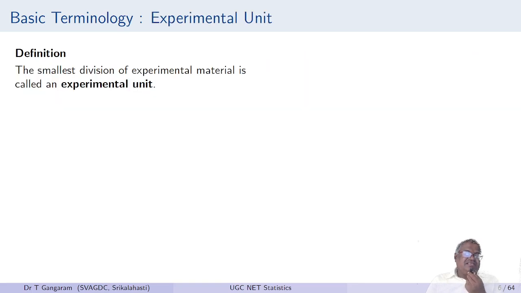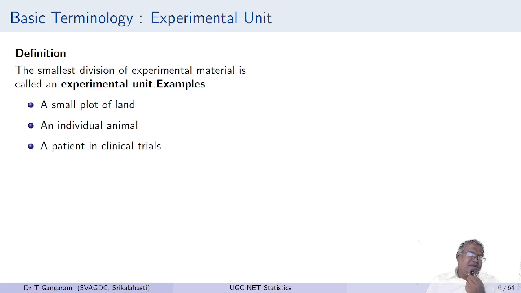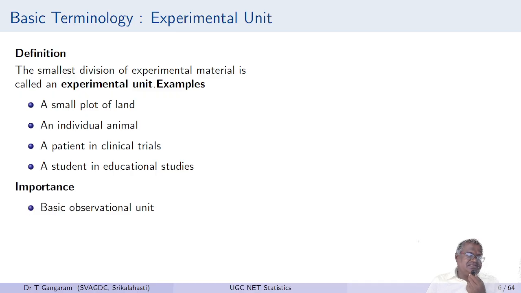The next definition is the experimental unit. This is the smallest division of experimental material to which a treatment can be applied. A small plot of land, an individual animal, a patient in clinical trials, a student in educational studies. Why is the experimental unit important? It is the basic observational unit.